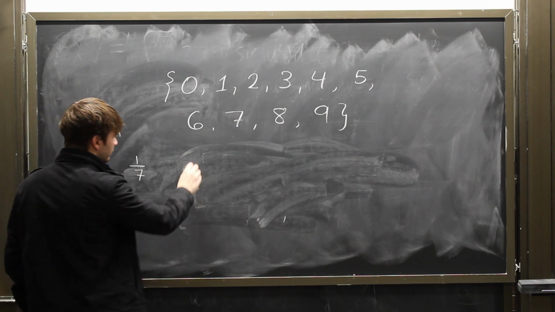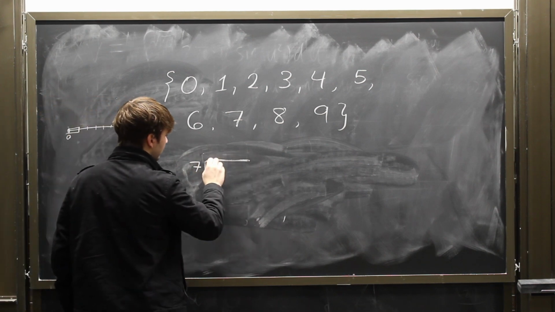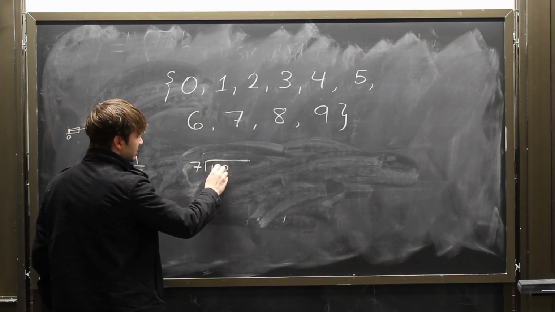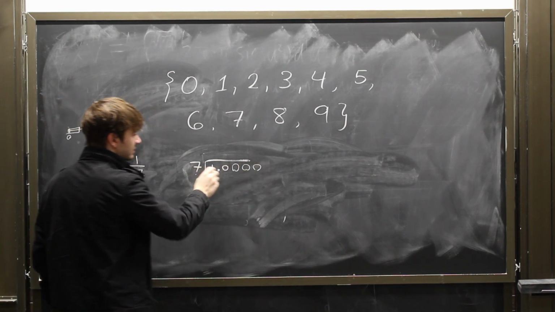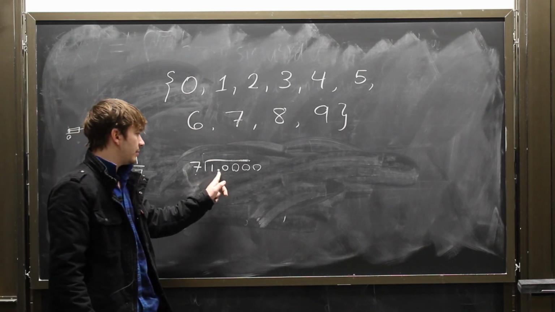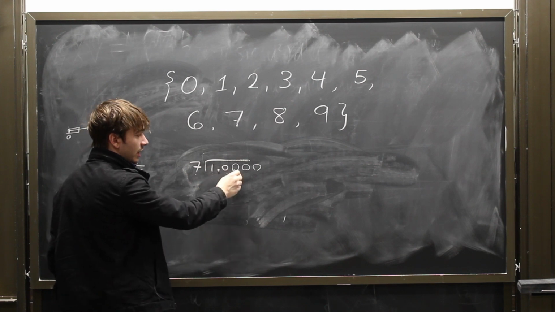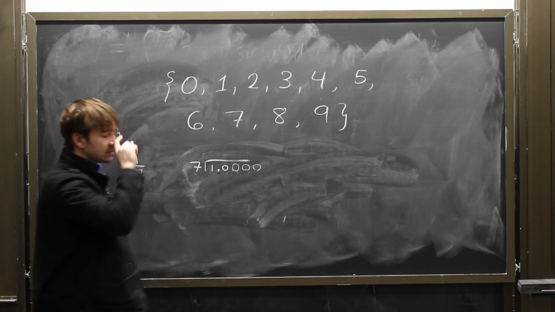Okay, now if we use the division algorithm to calculate this, then what that would consist of in a base 10 number system is I'm essentially going to divide 7 into 1, and I basically expand 1, I cut 1 into 10 tenths, I cut it into 100 hundredths, into 1,000 thousandths, etc.